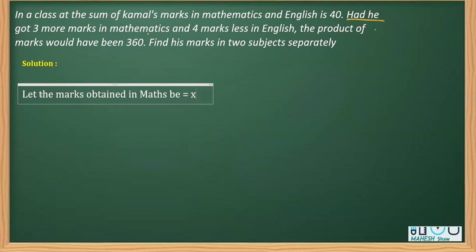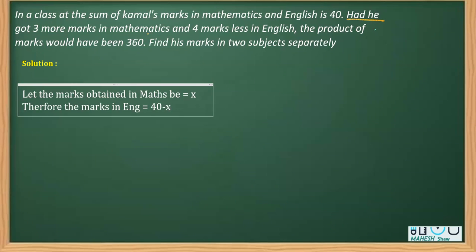So marks in mathematics is x, therefore the marks in English has to be 40 minus x. As you know, the total marks is 40. Therefore, if in one subject, say maths, it is x, then the other has to be 40 minus x.